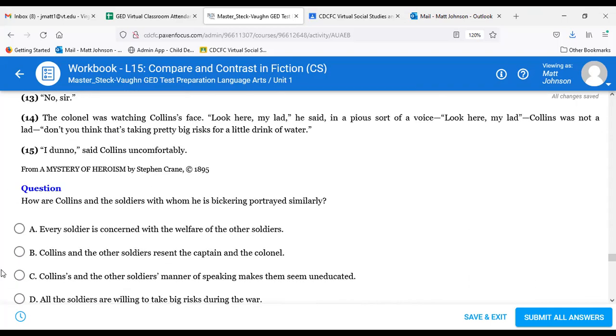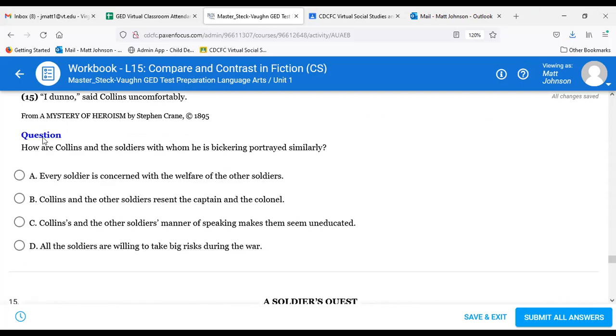14, Nakia, you want to read 14 for us? It says, how are Collins and the soldiers with whom he is bickering portrayed similarly? A, every soldier is concerned with the welfare of the other soldiers. B, Collins and the other soldiers resent the captain and the colonel.